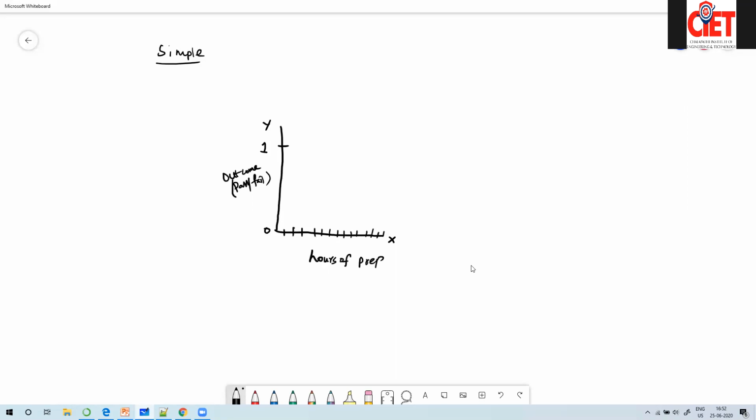Number of hours they prepared versus whether they passed or failed the exam. To make the graph a little easier to understand, I am moving 0 a little up. 0 should be here, but we move the 0 a little up so that it would be easy to understand.